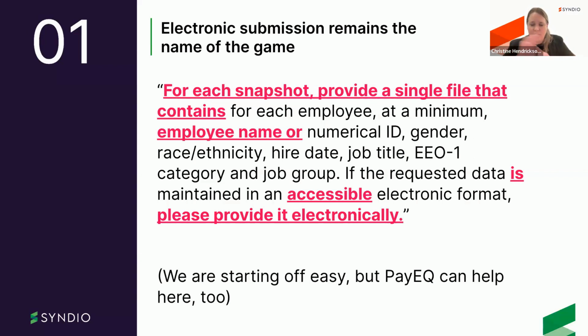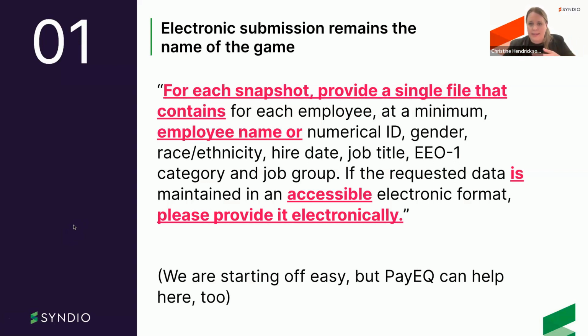So the first change that happens is that electronic submission remains the name of the game. If the information is accessible in an electronic format, you're to provide it electronically, either through email to OFCCP or uploading it to Kiteworks in a more secured fashion.